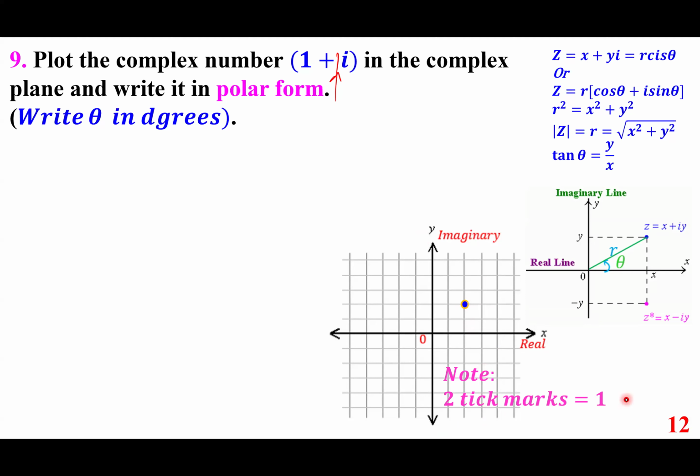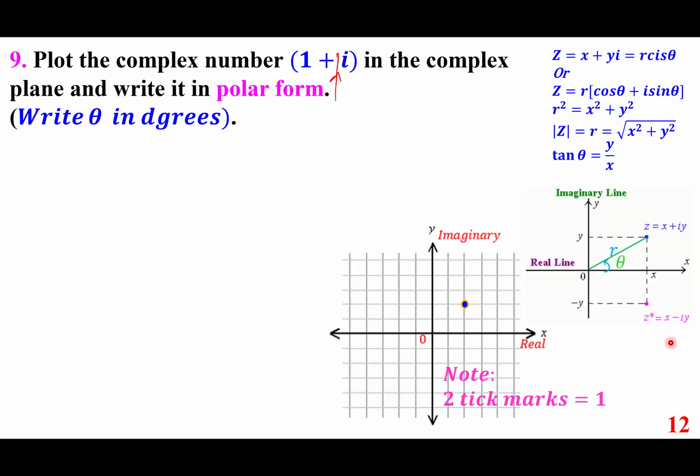So the real line, the imaginary axis, z is x plus iy. This is theta, this is r, and this is z bar, they call it, or z star, x minus iy. This is the complex conjugate.